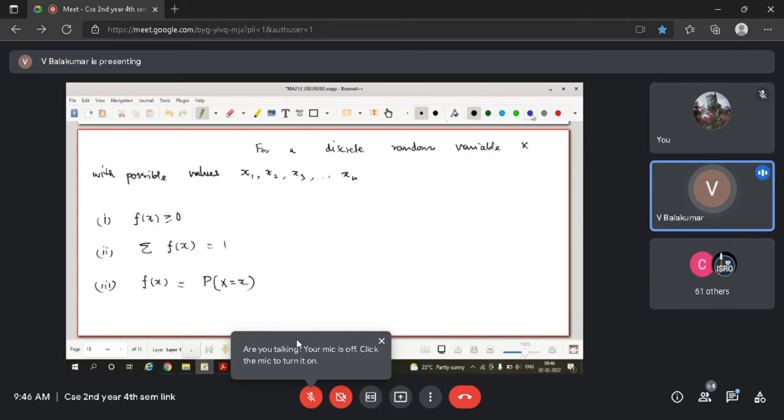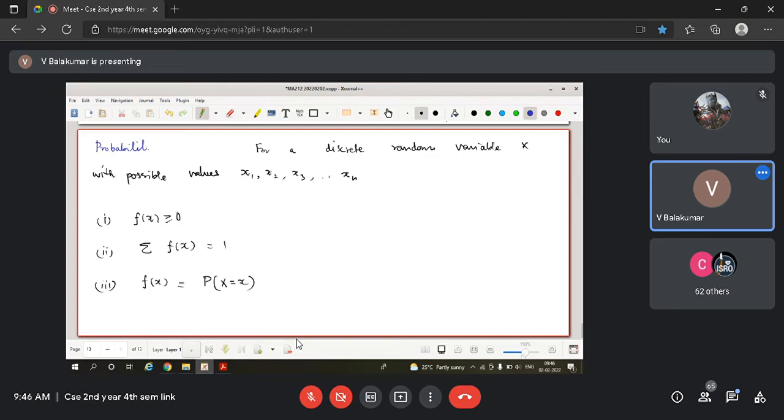I have a name for that: probability mass function. For a discrete random variable capital X with possible values, this is a probability mass function.